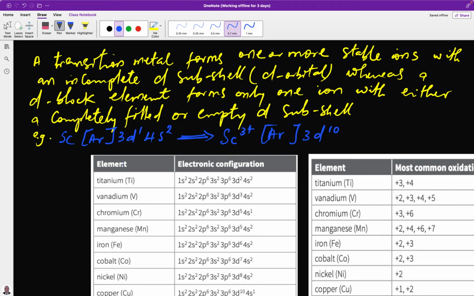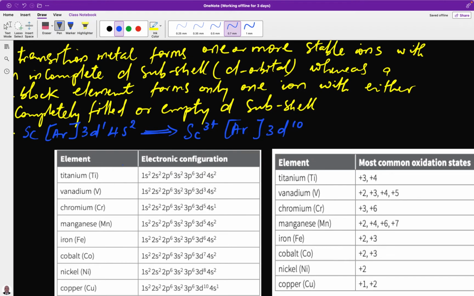In the case of zinc, zinc has an electronic configuration of 3d10 and 4s2.